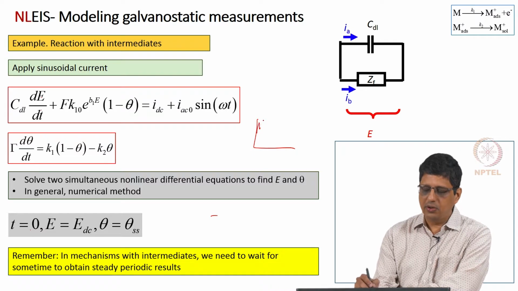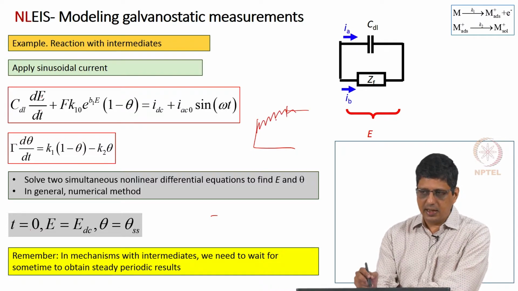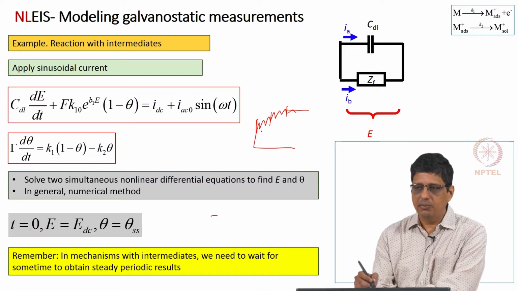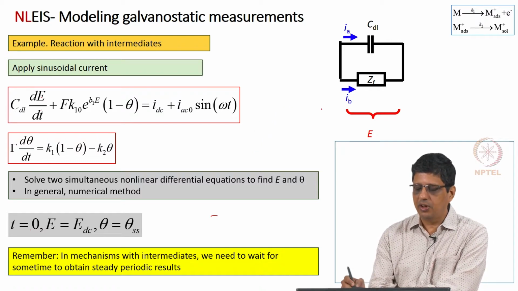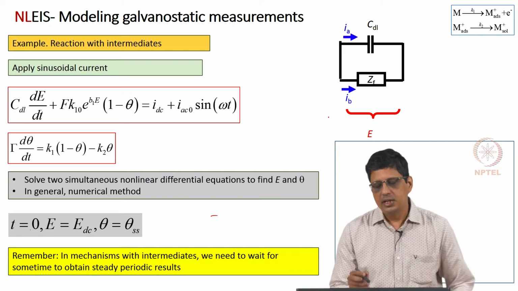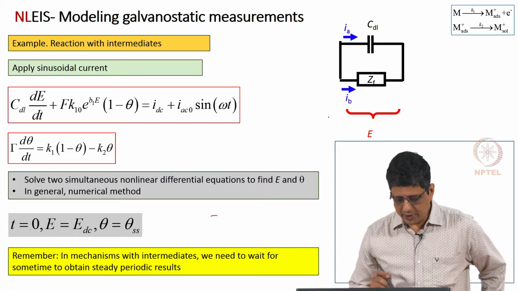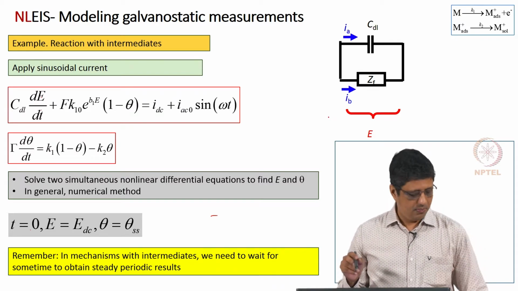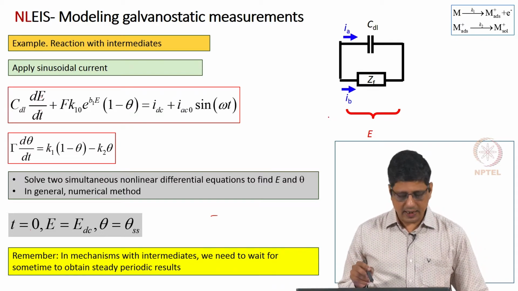We know that we have to apply potential, wait for some time, let it stabilize and give a steady periodic result, and we can take that result. If I take data before that, it is not going to give me the correct value of impedance and it will not be KKT compliant. Similarly, here we have to wait for some time, let the potential be steady periodic and then take data.